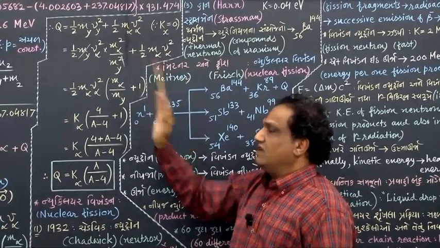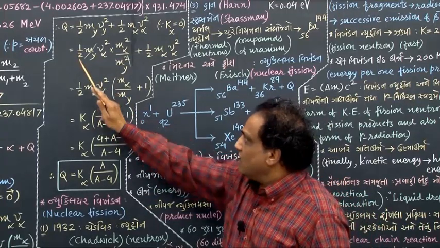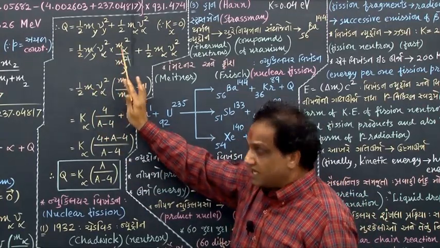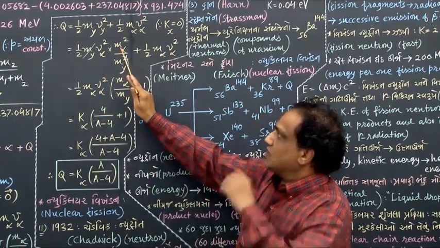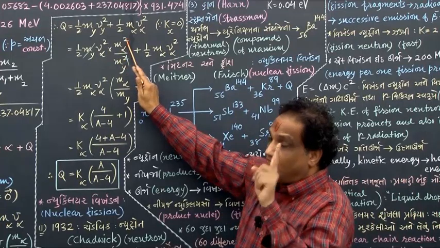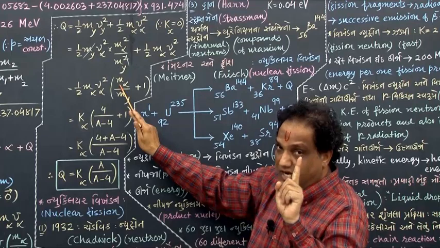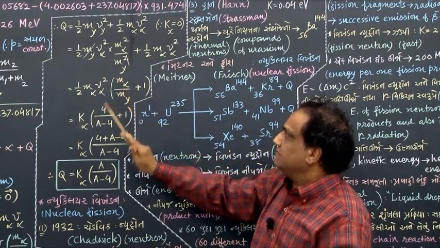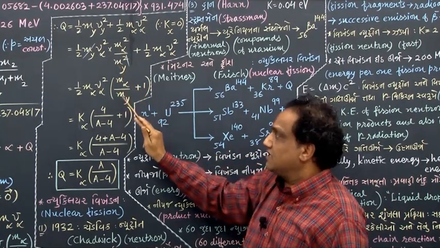And from whatever is remaining, which part can you take common? 1 by 2 m alpha v alpha square, only one m alpha I am taking common, because from m alpha square only one m alpha I have taken out, still one m alpha has been left, and that m alpha I have written in the bracket. One my is getting cancelled, but another my is left.